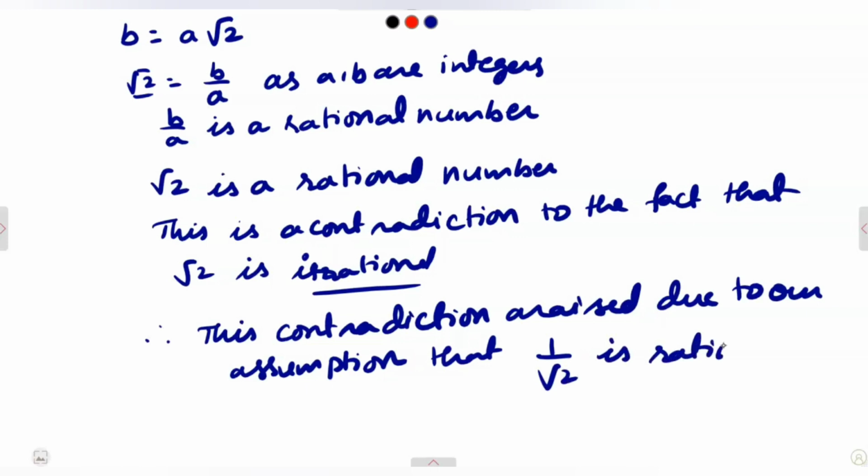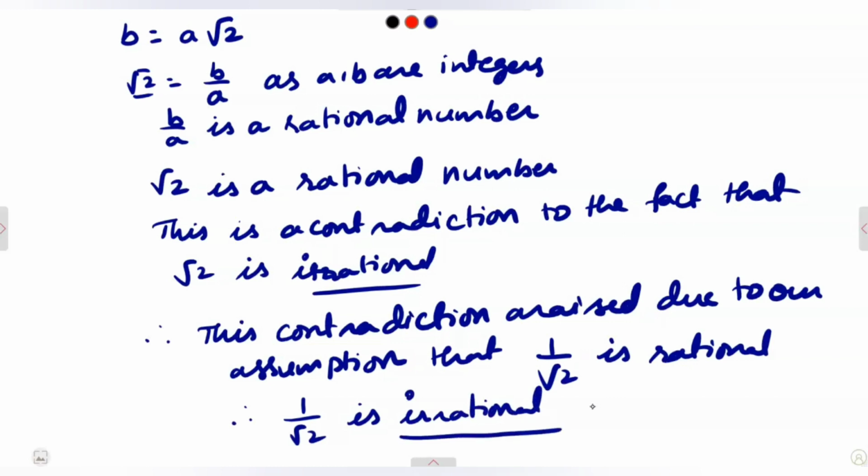So therefore 1 by root 2 is irrational. We can conclude that it is not rational because of the contradiction. We come back to our claim that it is irrational.